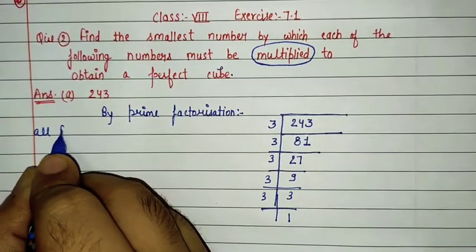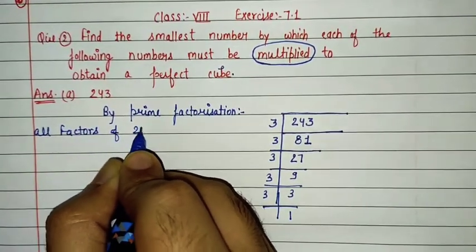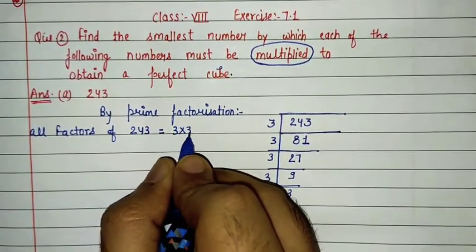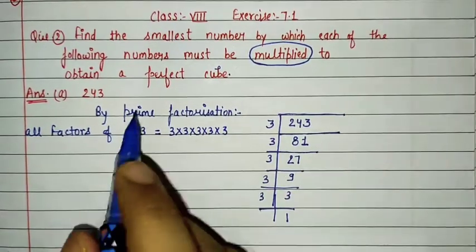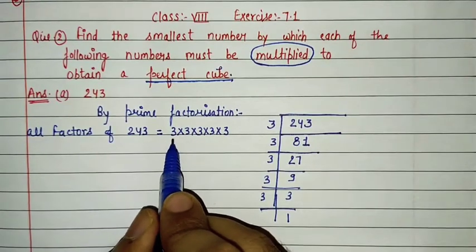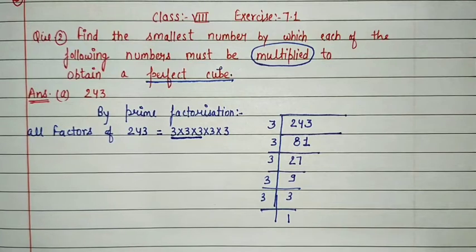Now here we will write all the factors. All factors of 243 equal 3 into 3 into 3 into 3 into 3. To make a perfect cube, all the numbers will be in groups of 3. So the first 3s, is it a group, yes or no?